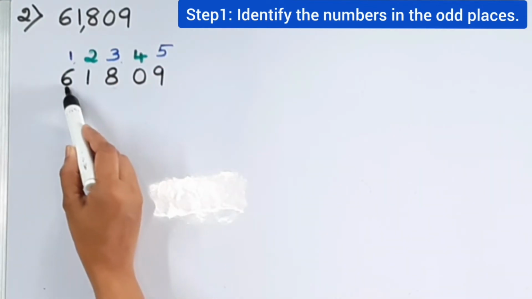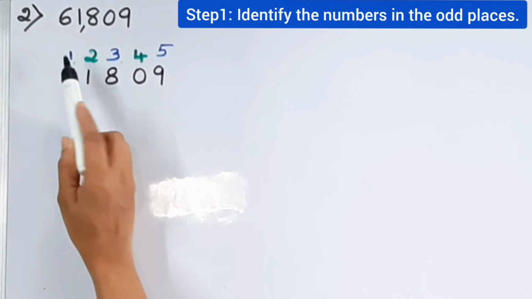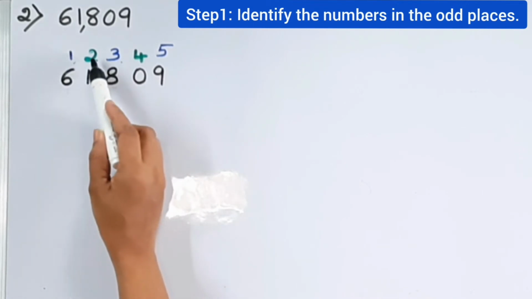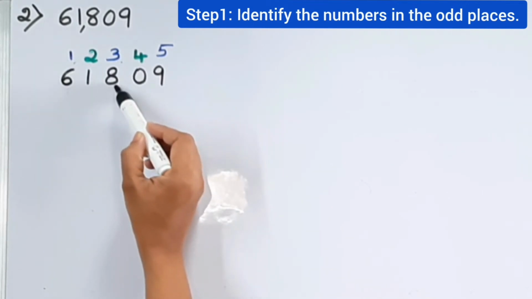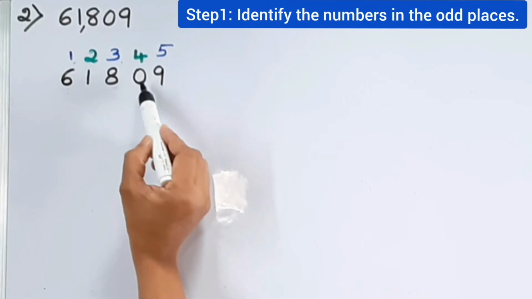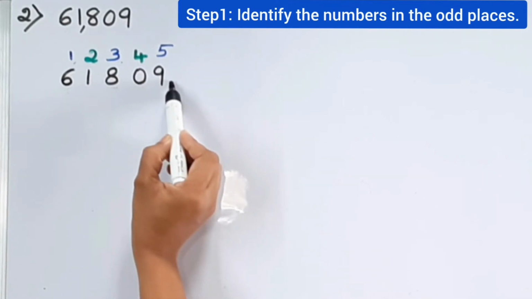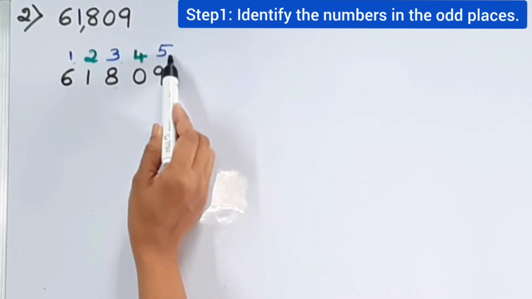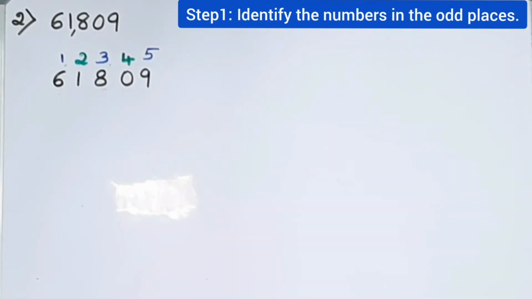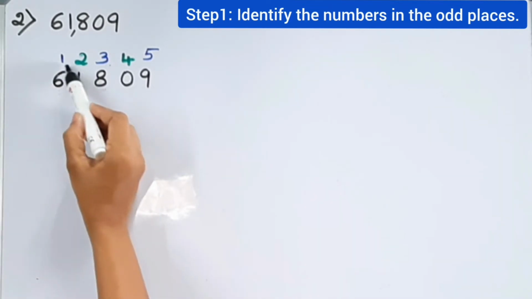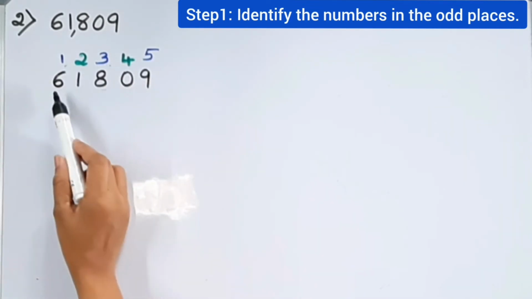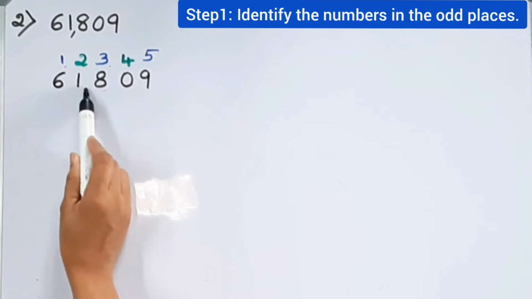Therefore, 6 is in the odd place, 1 is in the even place, 8 is in the odd place, 0 is in the even place, and 9 is in the odd place. Listen carefully. Here we are concentrating on the places and not on the numbers.